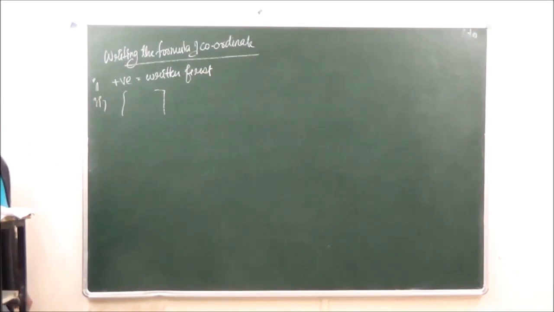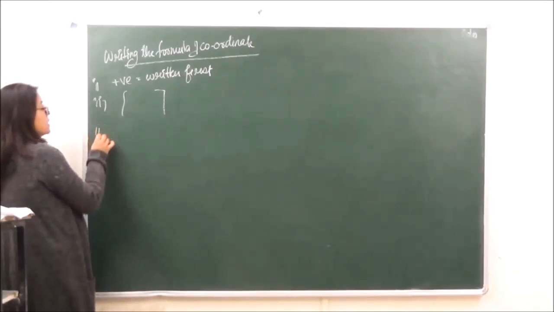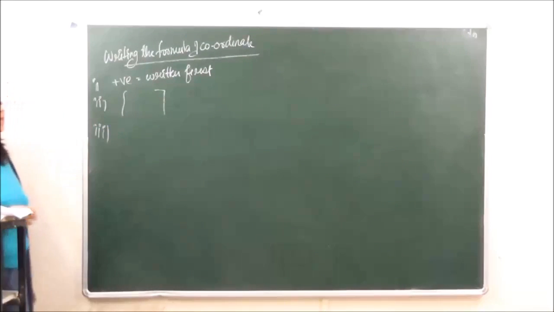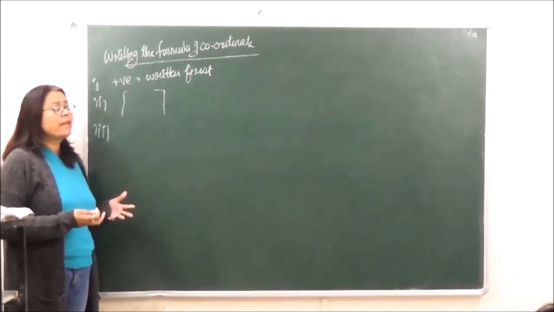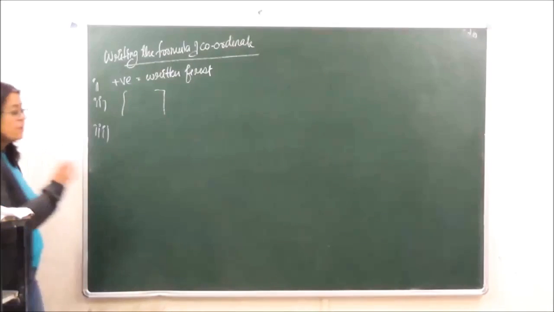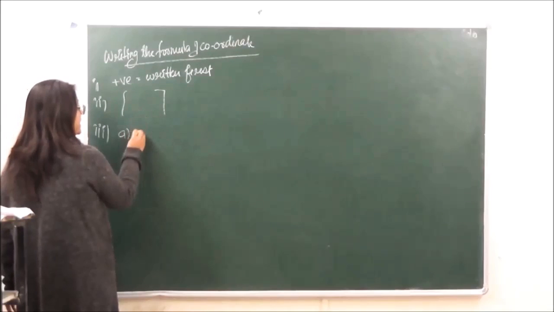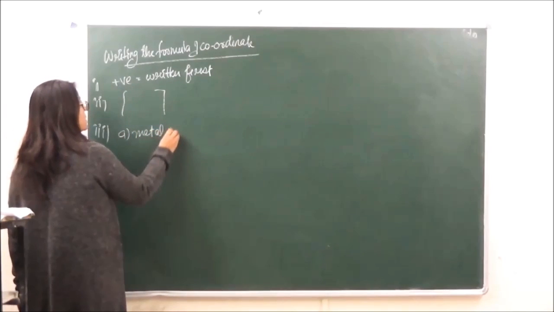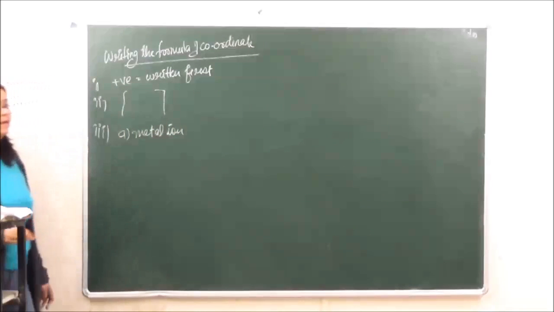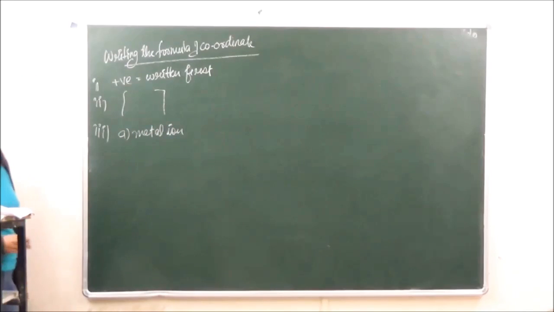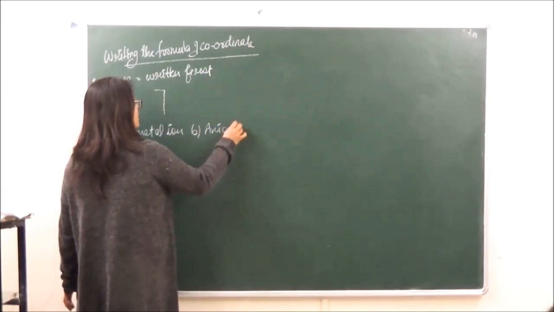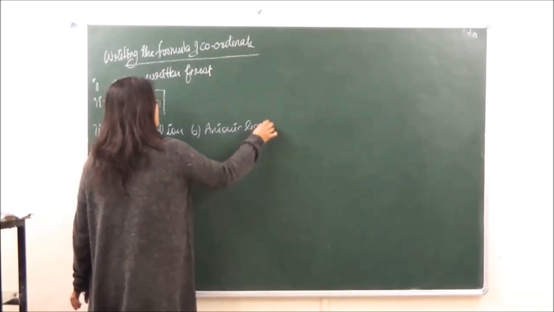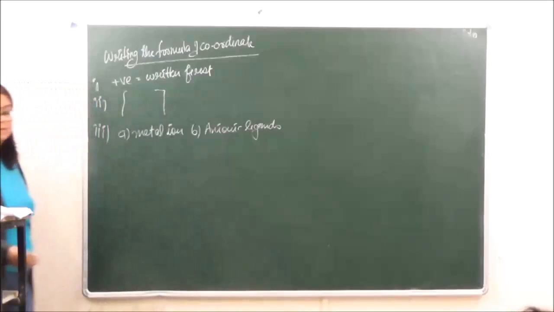Number 3, when we are talking of the sequence of how to put the different components of any compound. In that case, first of all, in the coordinate entity, you will place the metal ion. Second, anionic ligands will be placed first.